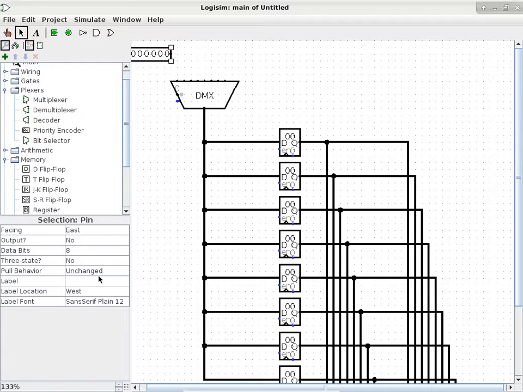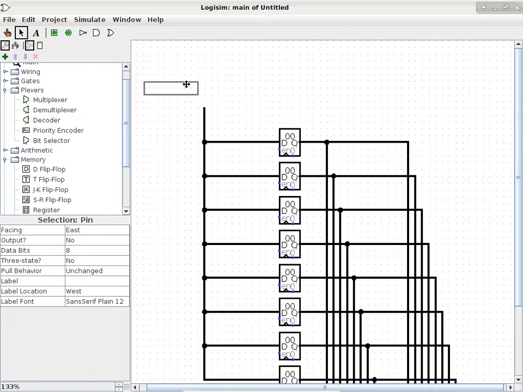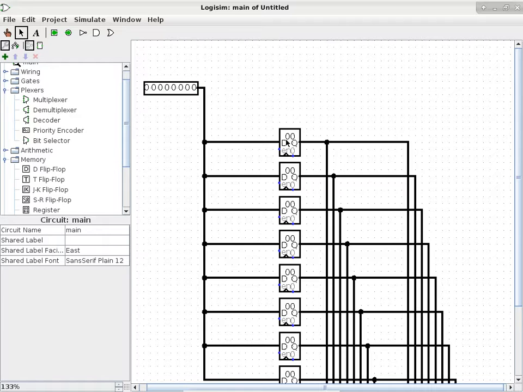Well, there are several ways to do this part. Using a multiplexer is one way. Let's do it this way. We'll have one single input pin connected to the data port of every single one. So now, how do I select which one I want to deal with?